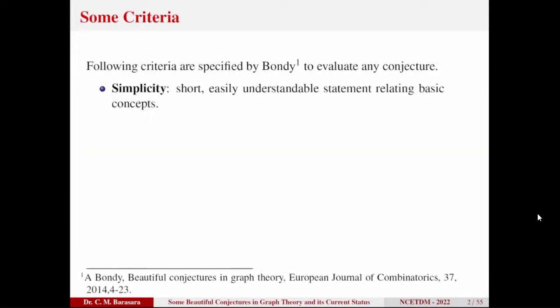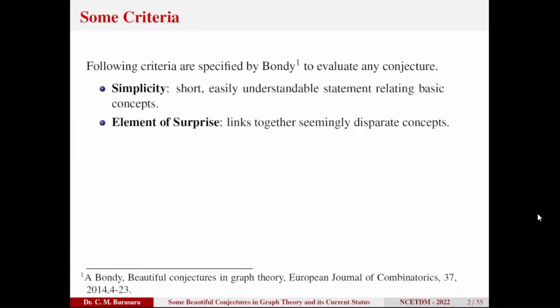To evaluate any conjecture, Bondi has set down some criteria. The first criterion is simplicity. The conjecture should be a short, easily understandable statement relating very basic concepts. The second criterion is the element of surprise.